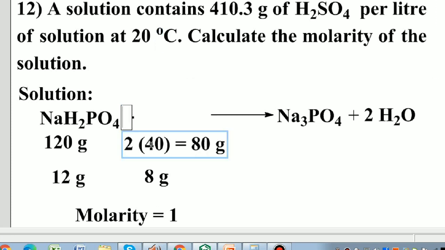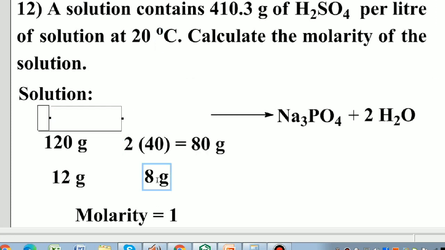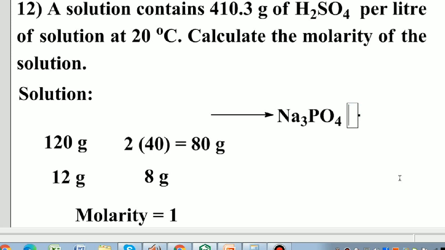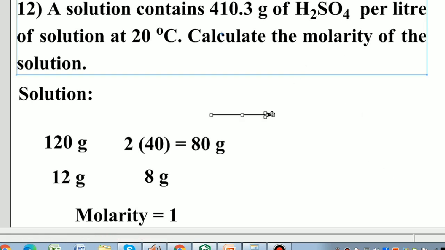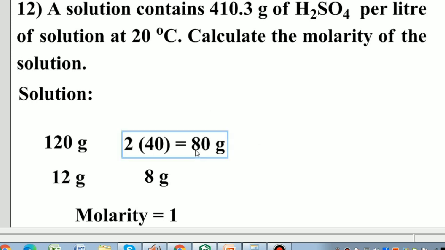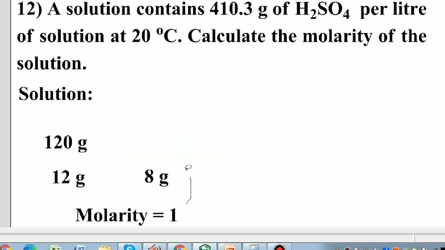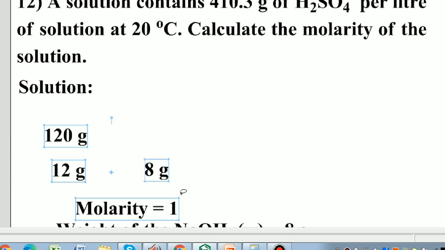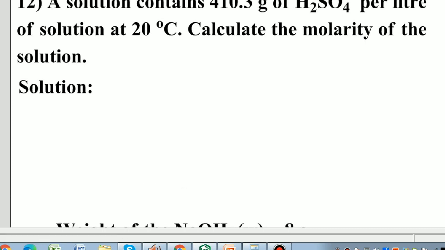Therefore, students, here the weight of the solute H2SO4 is given and the volume of the solution, 1 liter, is also given. So we can easily solve this problem.